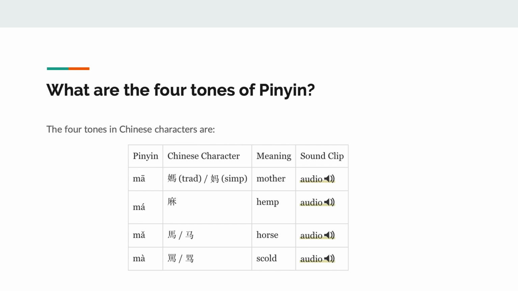Ma doesn't only mean mother, it can also mean many other things, but mother is one of its meanings. The same goes for the rest of the spellings. Take note that there is also the traditional version and the simplified version of the characters in this chart.